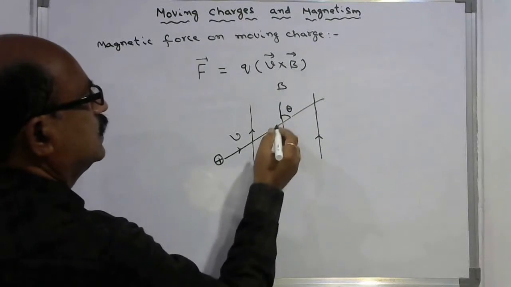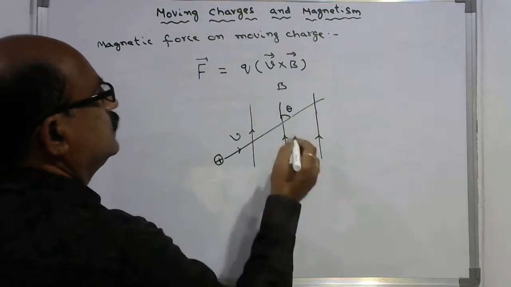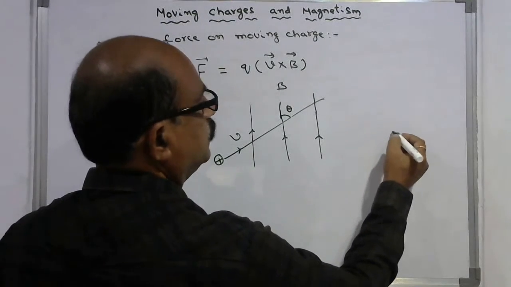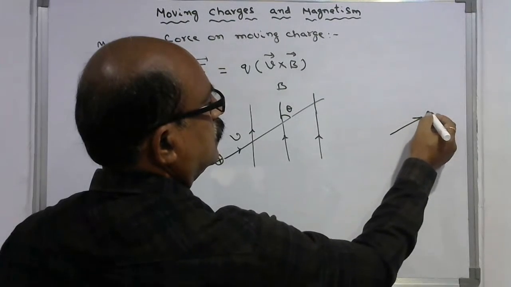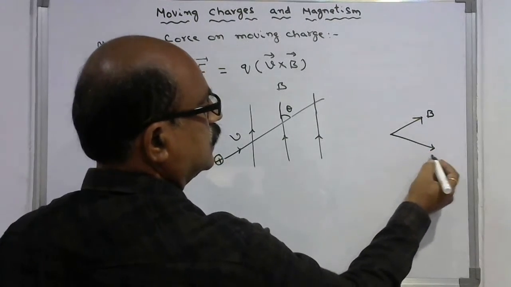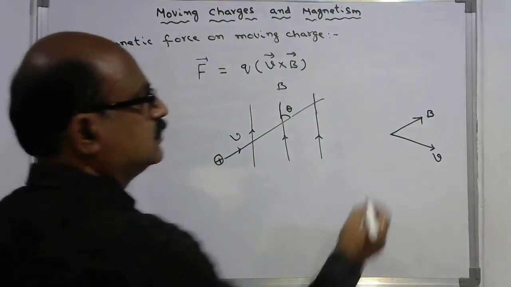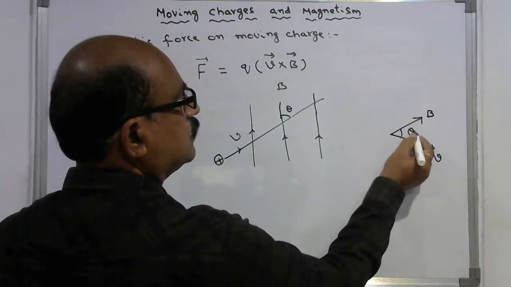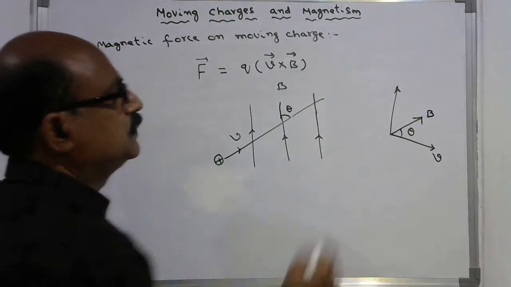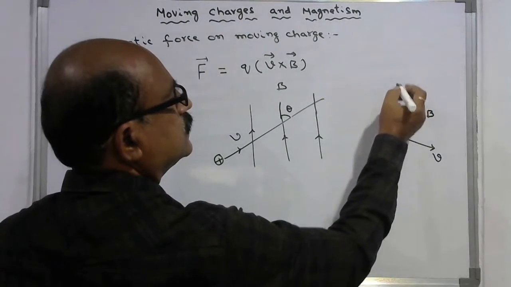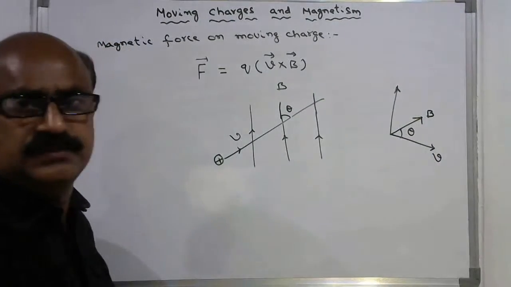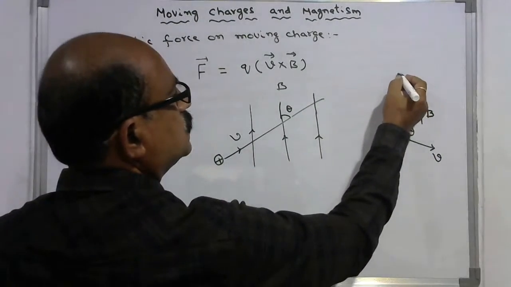You can represent the force on this charge as a cross product of V and B. Suppose this is the magnetic field intensity and this gives the velocity of the charged particle. If these two are separated by an angle theta, then the force experienced is given in the direction normal to the plane of the two vectors B and V.